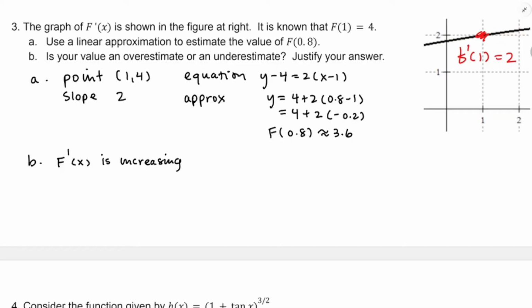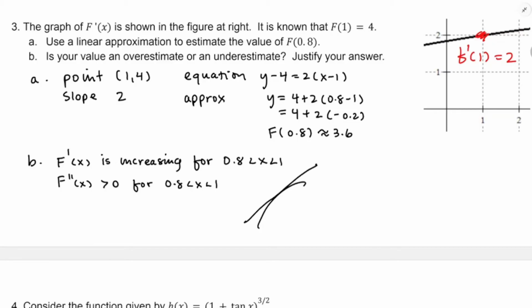So that would be between 0.8 and 1. Okay, and so that means the graph of f is concave up, or probably better yet, f prime of x is greater than 0 for 0.8 to 1. Okay, and since the graph of f is concave down, we know that a tangent line is going to sit over the curve, and it'll be an overestimate.